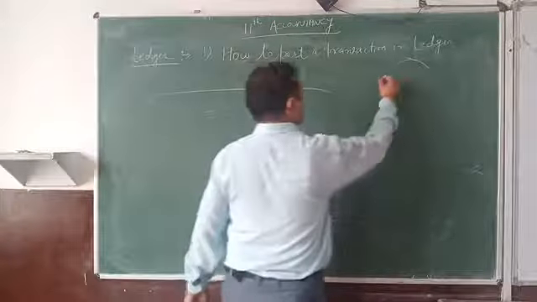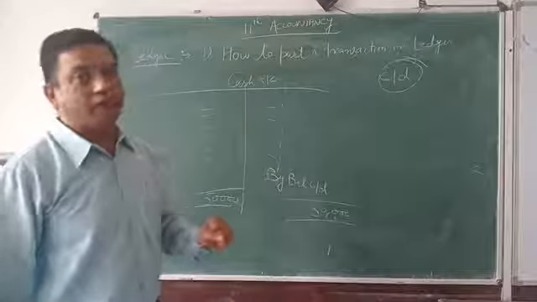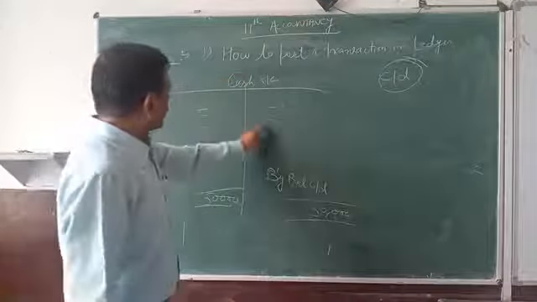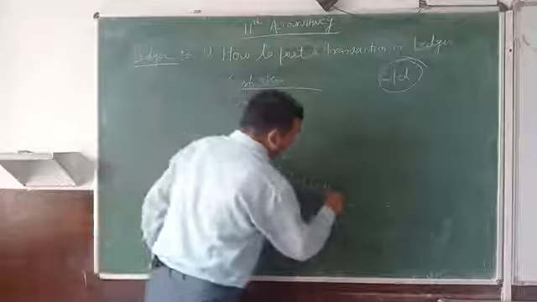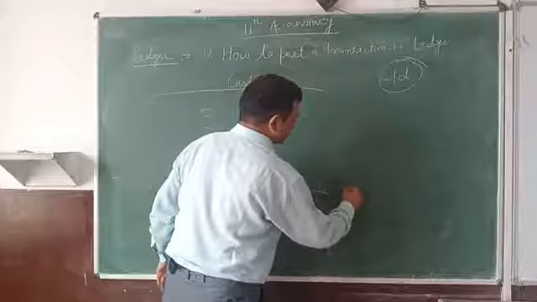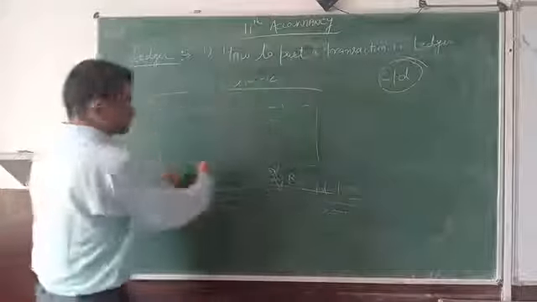The word carried down is used to show the closing balance of any account. If any account has this side smaller, then the wording put will be by balance carried down. Like in this question, 10,000 will become the closing balance because this was 40,000 and this was 50,000.